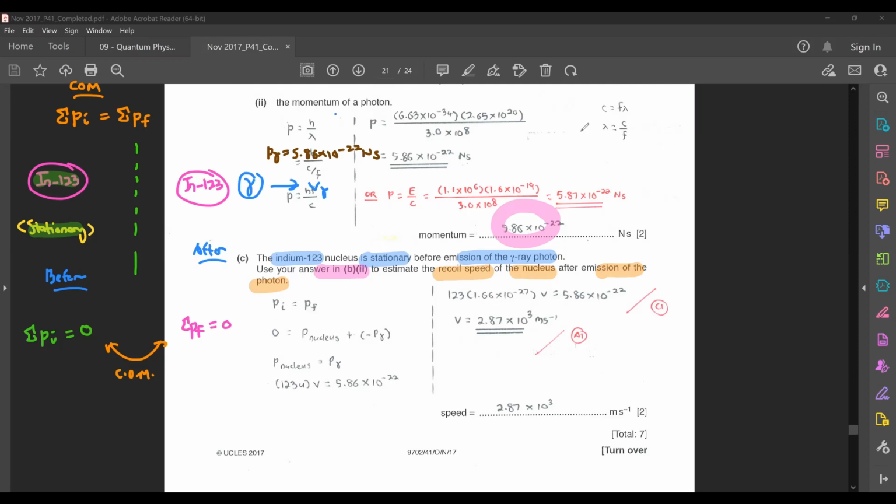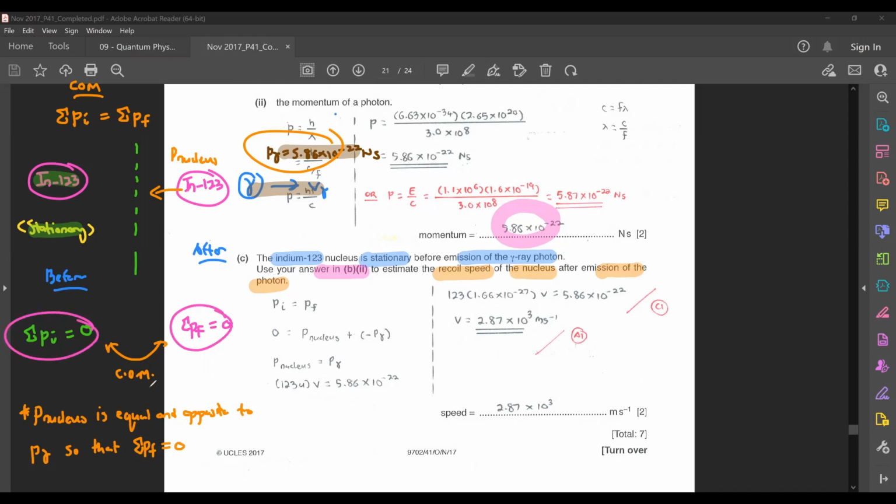So right now, if your gamma ray photon has a momentum towards the right of this value, it follows that your indium 123 nucleus should also have a momentum equal and opposite to that of your photon. In other words, the momentum of your indium 123 nucleus is equal and opposite to the momentum of your gamma ray photon, so that the total final momentum after emission remains at 0, because you still want to obey conservation of momentum here.